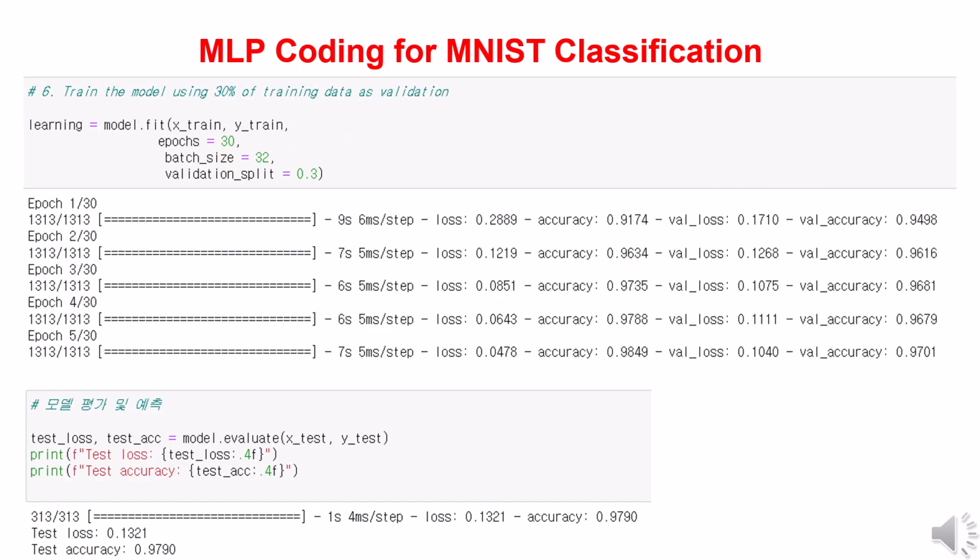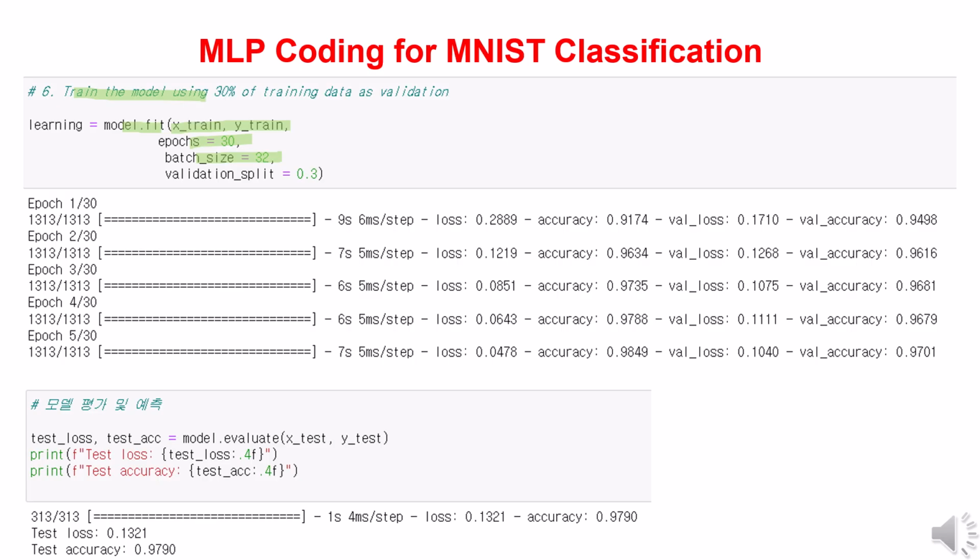We now train the model using the training data, X_train and y_train. We've set the number of epochs to 30, and we're using a batch size of 32, which means the model processes 32 samples at a time during training.